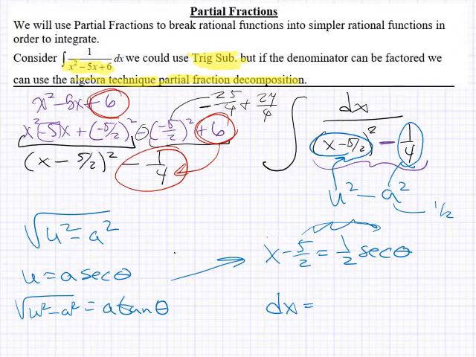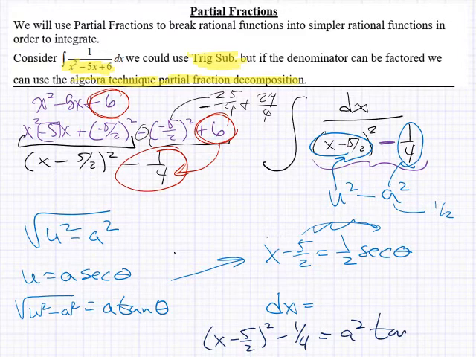The 5/2 would go away anyway, giving us dx. And in this case, x minus 5/2 squared minus 1/4, which is u squared minus a squared, should equal a squared tan squared theta, a being 1/2, so let's replace that with 1/4.